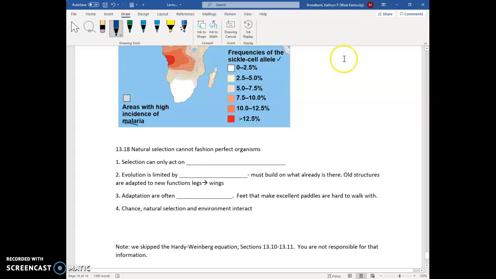Now, natural selection will not make perfect organisms. This is because selection has to act on existing variation, and it's limited by historical constraints.